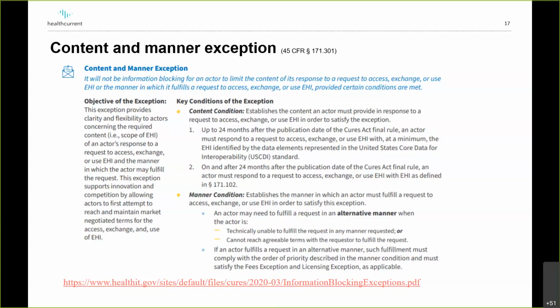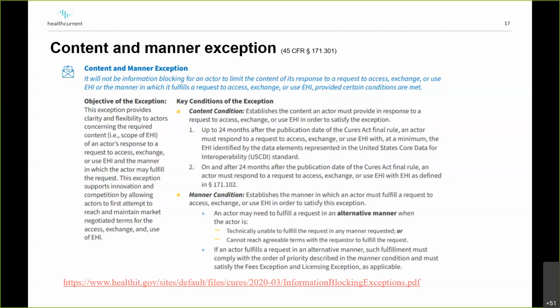So if you determine you cannot respond to a request for EHI in the manner that the requester is requesting it because you're technologically unable, or you just can't reach agreeable terms with them in order to fulfill the request, you now have an obligation, if you want to qualify for the safe harbor, to respond to it in an alternative manner.